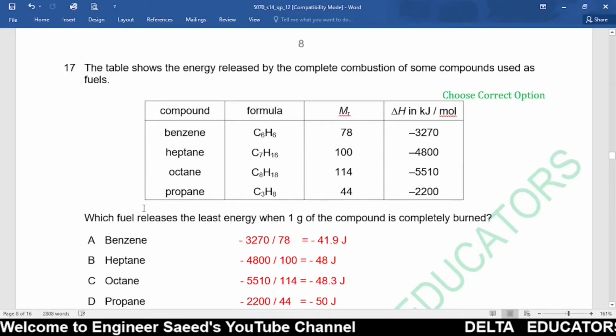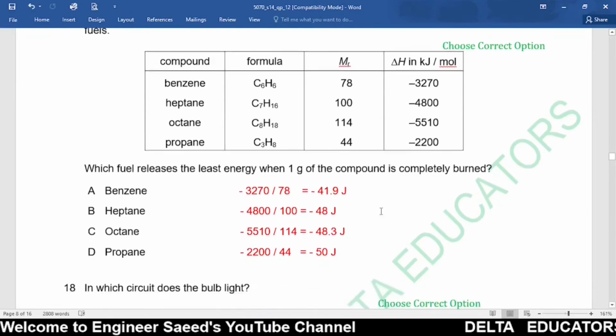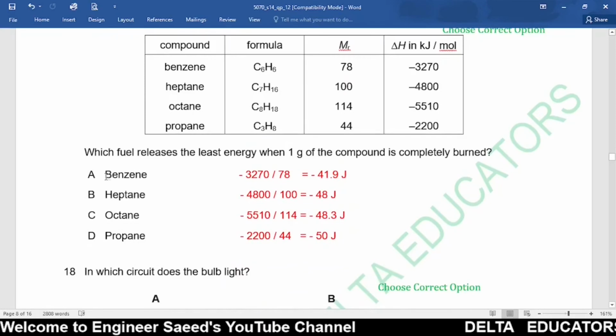Which fuel releases the least energy when 1 gram of the compound is completely burned? Option A, benzene. Here this much amount of energy is for 1 mole. 1 mole means atomic mass represented in gram. So here we can say this much amount of energy is for 1 mole or for 78 gram of benzene.